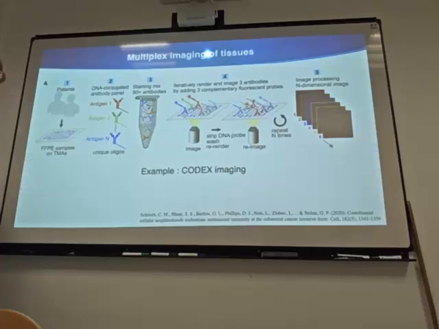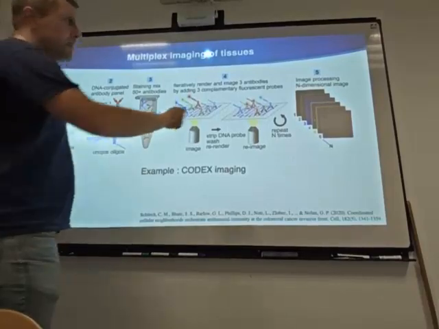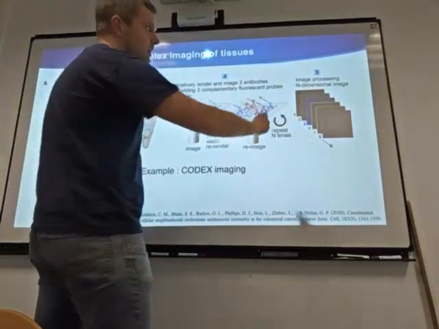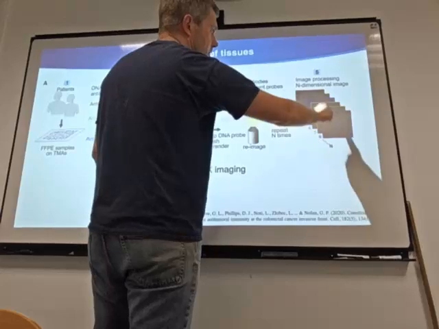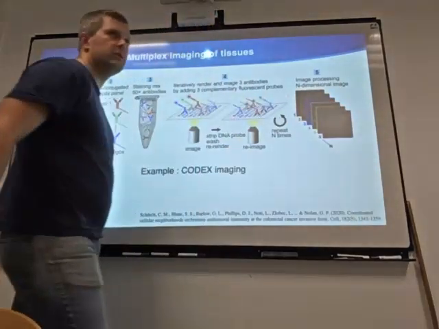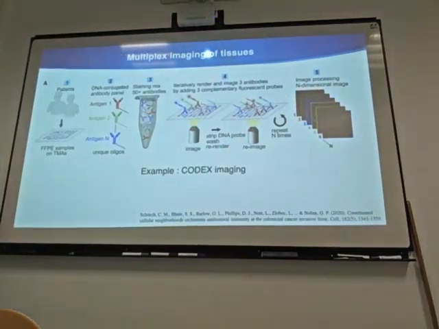So for example, 3 antibodies are going to bind to 3 antigens, 3 molecules. You image, you wash, you put 3 new antibodies on your sample to image 3 other molecules, you wash, you do this like, I don't know, 20 times. And at the end, you have a tile of images that each contain 3 colors, and then you can combine all the images and get 50 colors.